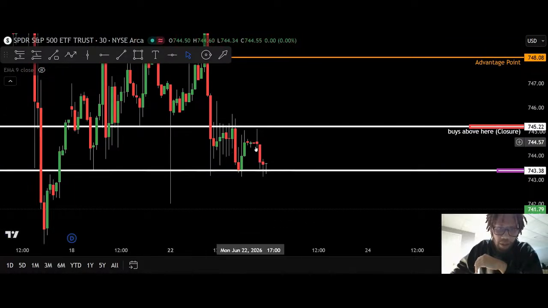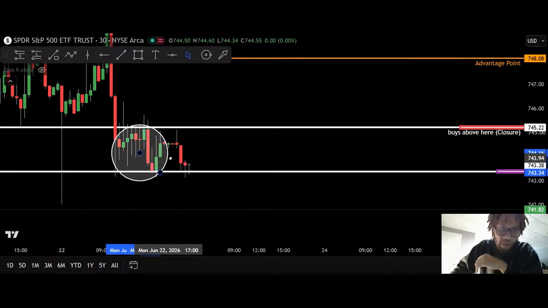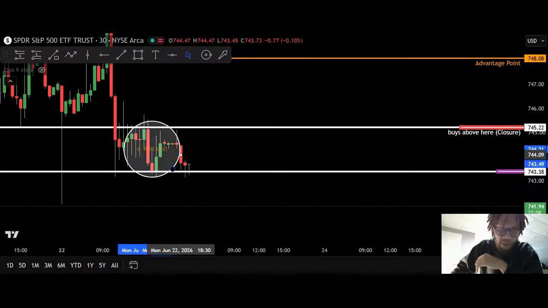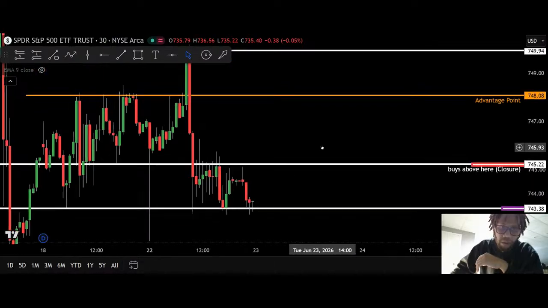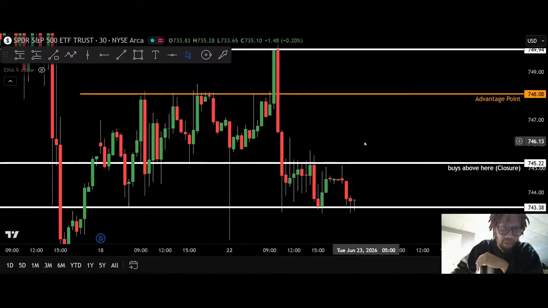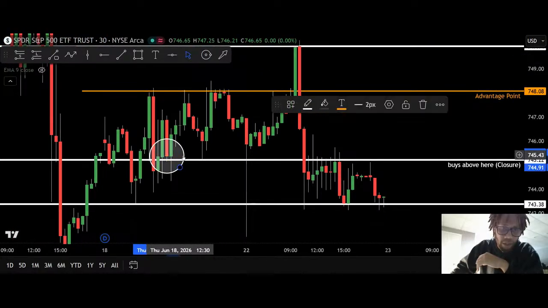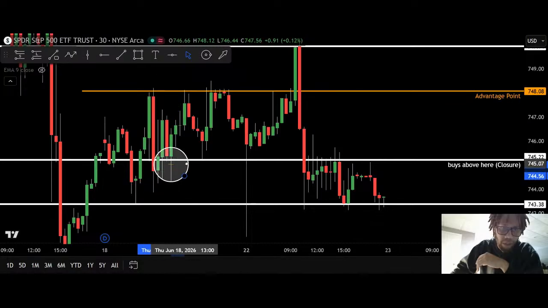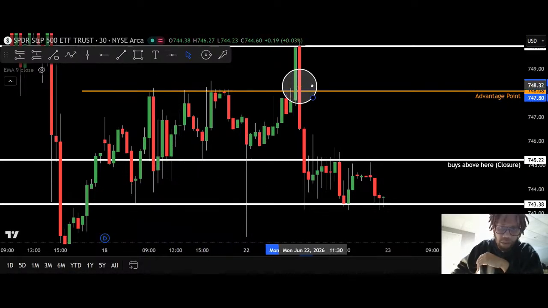And when we get up here inside of this range, more than likely I'll stay out of it. Because as you can see over here, when you look left, you get closer above, push up, push up, push up, push up.